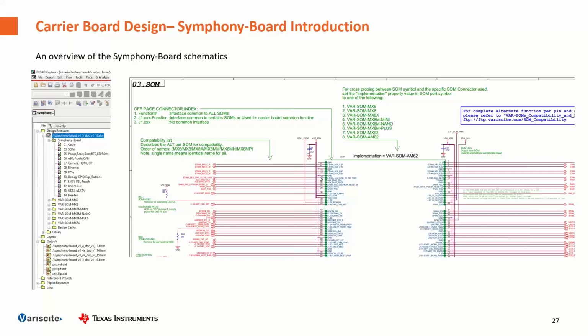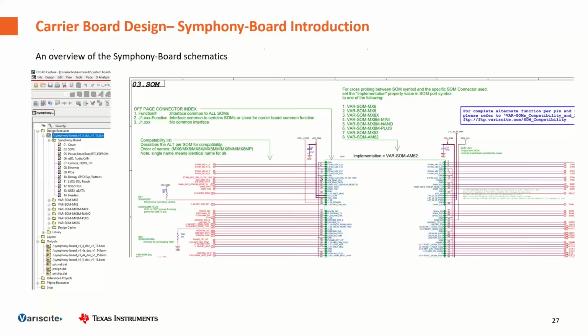So when you download the schematics of the Symphony board, you will find a specific page reporting the pinout of the VAR-SOM-AM62 and the labels that are shown within the Symphony board. So you can track, and you can also download the DSN file for checking all the signals that you need.